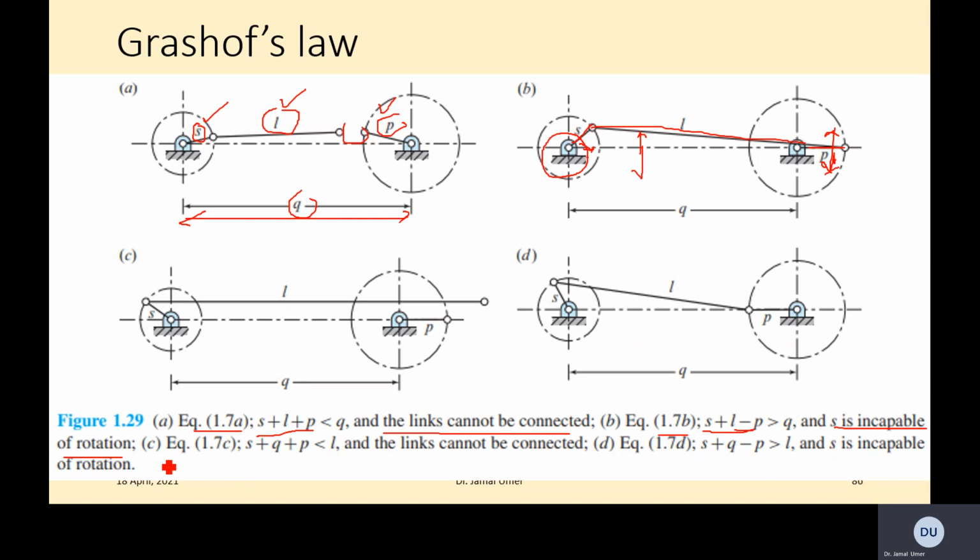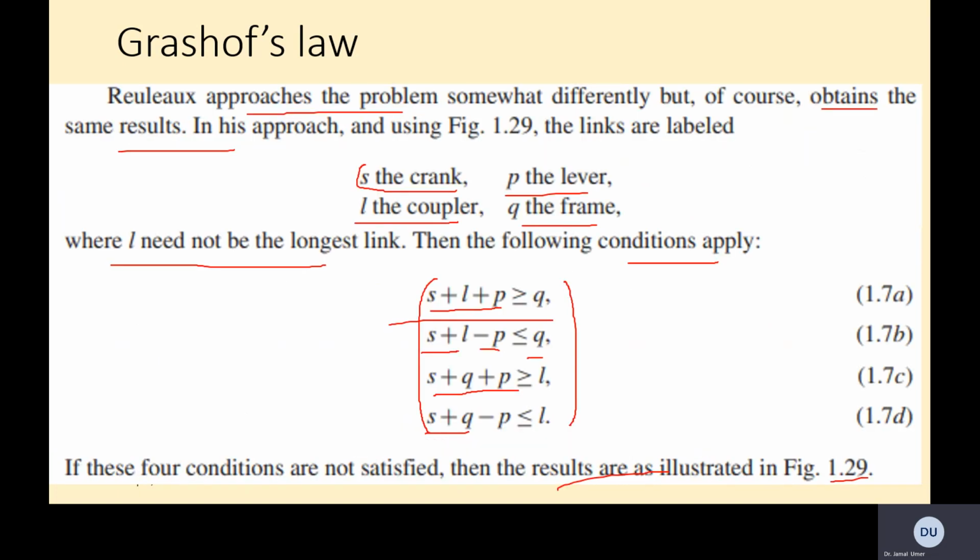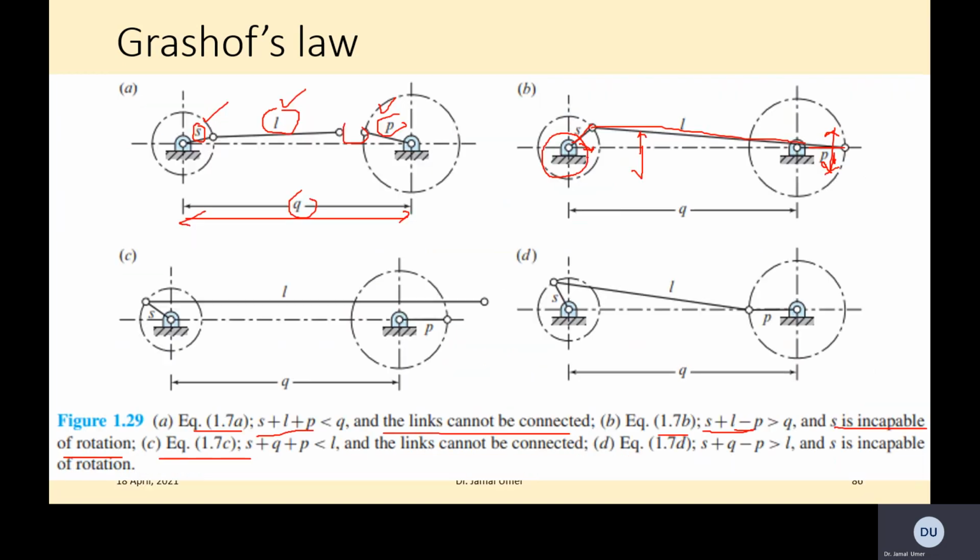So in the next category, C, the equation 1.7C, S plus Q plus P greater than L. Now it's been written like that, S plus P, Q plus P less than L. So if this is the case, the combination of all three is less than L, and the links cannot be connected.